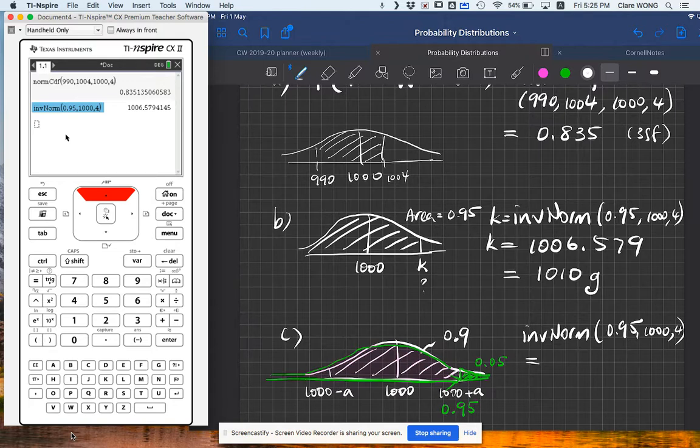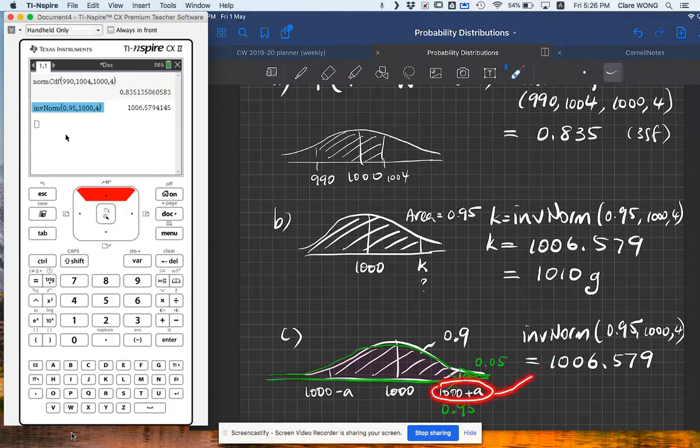So we know, without even needing to enter it, we have 1006.579. Now I'm not going to use the rounded value. I'm going to use this value to work out what A is.